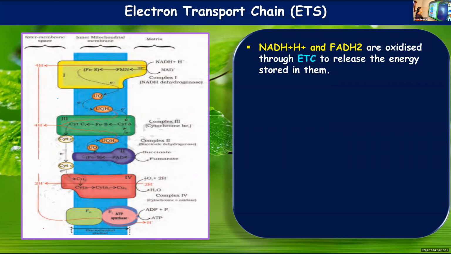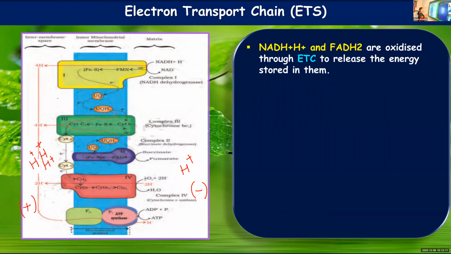Using red arrows, it is shown in the picture. And as a result, what will happen? There will be more concentration of hydrogen ions in the intermembrane space when compared to the matrix. Matrix, less concentration of protons. As a result, here there will be a negative charge developed, and here it will be positively charged.